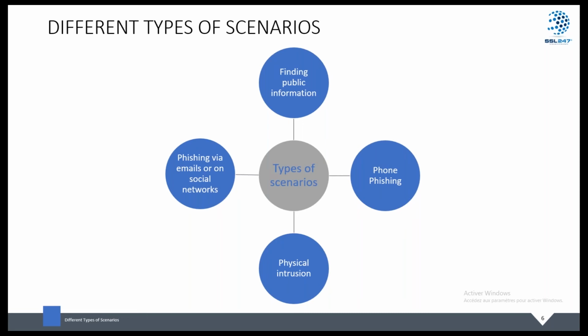It's exactly the same for social engineering. You gather information in each of these four scenarios, and you can reuse it in other scenarios as well. You gather names on LinkedIn that you use in phone phishing to look like a real employee, and by phone phishing, you make someone click on a link that would execute something on the computer. So everything can be connected and can be used by attackers to obtain more information.